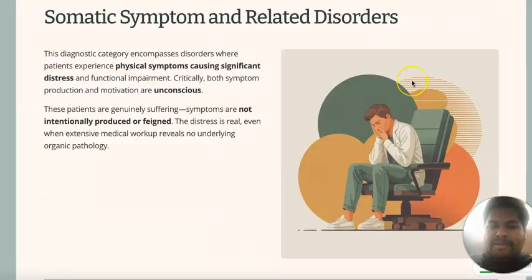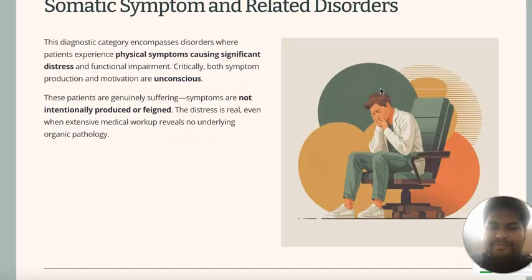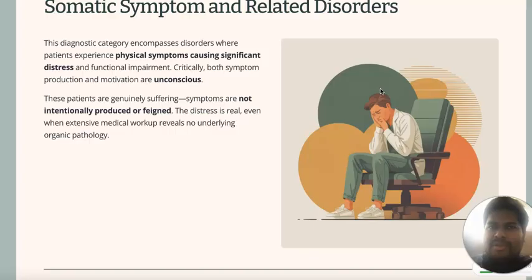Now, somatic symptom and related disorder. In somatic symptom disorder, the person will often be in chronic distress, or let's say a depression type of thing, and in this case they do not plan in their head, and they don't fake. So in this case there will be actual symptoms.